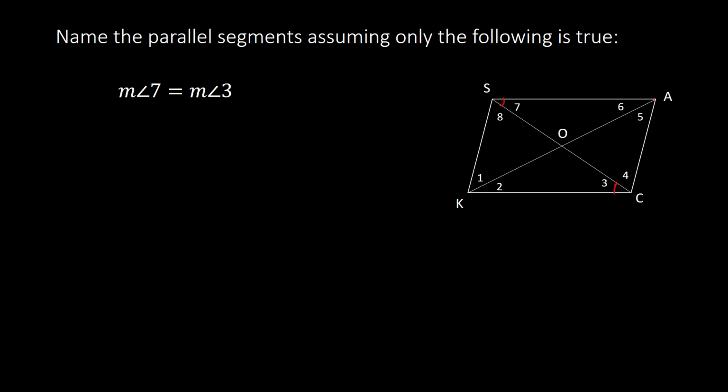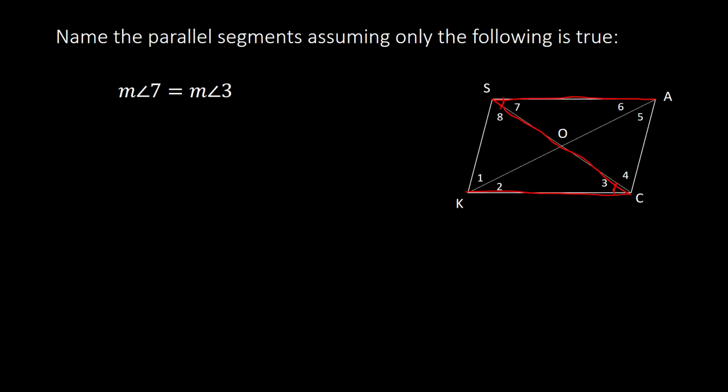Well, to create angle 7, we need this line up here and then this line cutting across. Those two lines would create angle 7. And now we need to do the same thing with angle 3. What two lines create angle 3? Well, the one we just drew, line SC, would be one of them, but then we also need line CK. So those two lines would create angle 3.